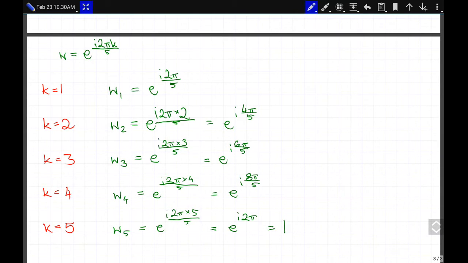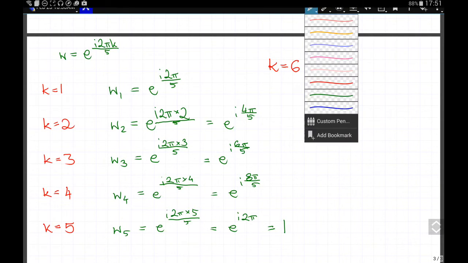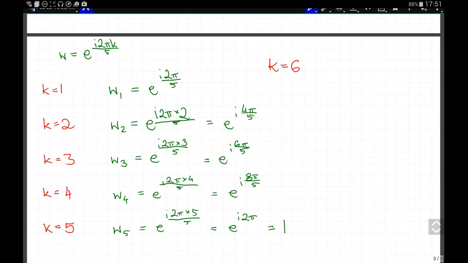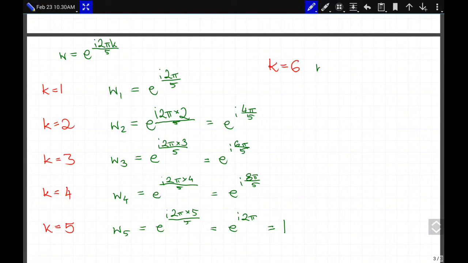Now we should stop at 5, but we're going to try also k equals 6 and see what we get. So w6 is e to the i 2 pi times 6 over 5, and that is e to the i 12 pi over 5.